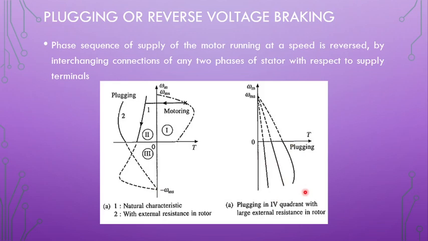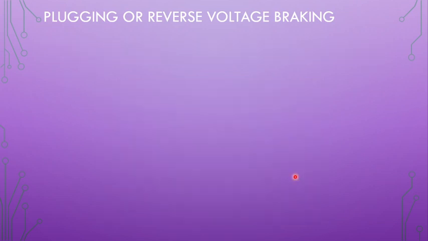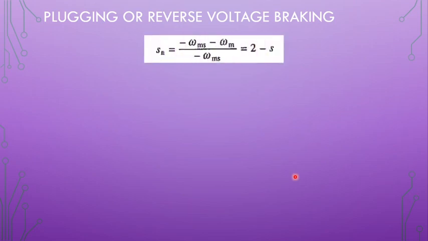This is usually the characteristic of a slip ring induction motor where we are using a large external resistance in the rotor. If we suddenly use a large external resistance, we know that the torque value changes and increases, and if the torque value is increasing, the speed will reduce and become negative. So this method can be employed to stop the motor. This is regarding plugging or reverse voltage braking.